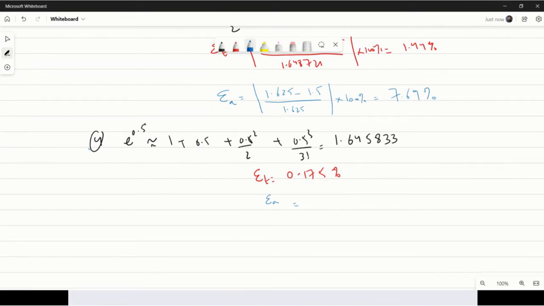So it comes out to be 1.27%. Of course, we see that even the approximate error reduces with each iteration.